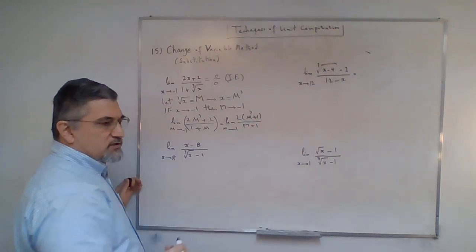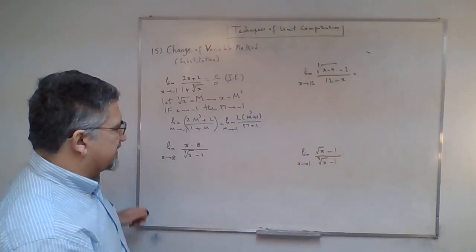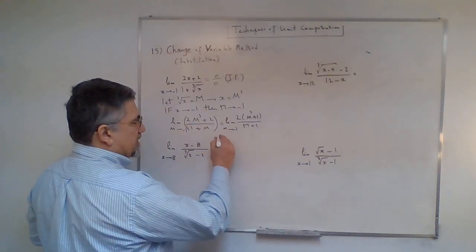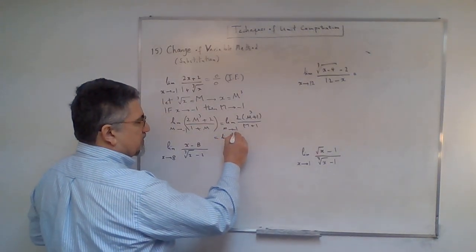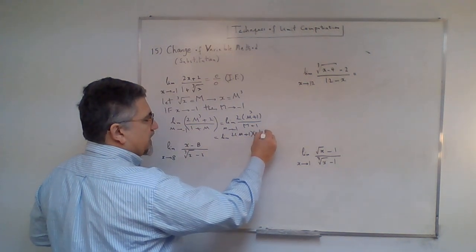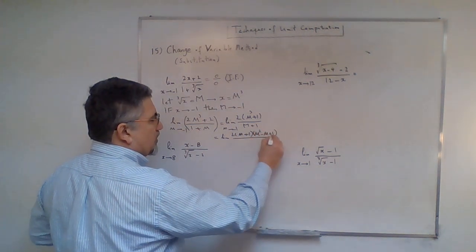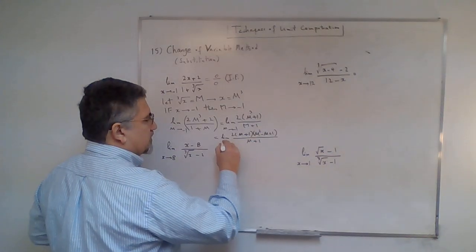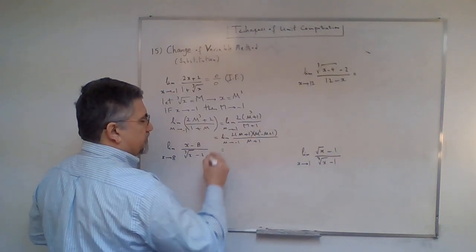And then in the numerator, we have a sum of cubes that we can factor. So it's going to be (m + 1) times (m squared minus m plus 1) all over (m + 1) when m approaches -1.